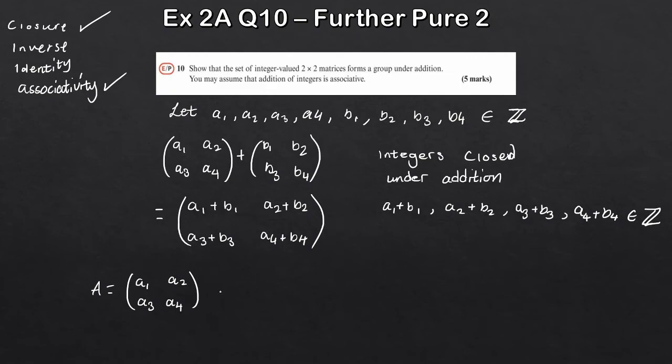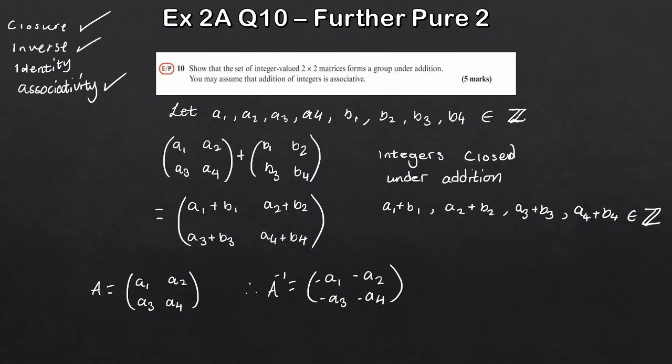Well, in this case, it would have to be A1 minus A1, that would be 0, A2 minus A2, that would give me 0, and so on. It becomes pretty clear once you've done that one. So the inverse for addition will be minus A1, minus A2, minus A3 and minus A4. You add those two matrices, you'd get 0. So that's clearly my inverse.